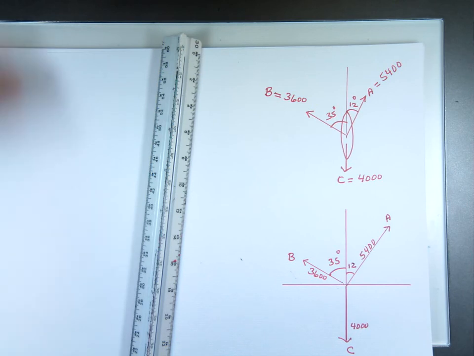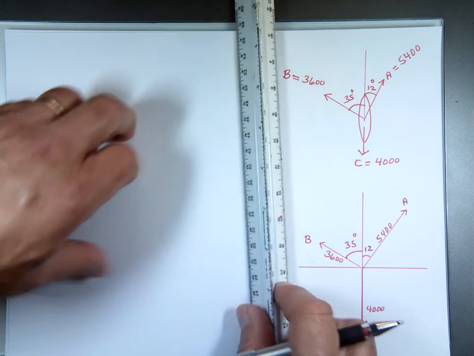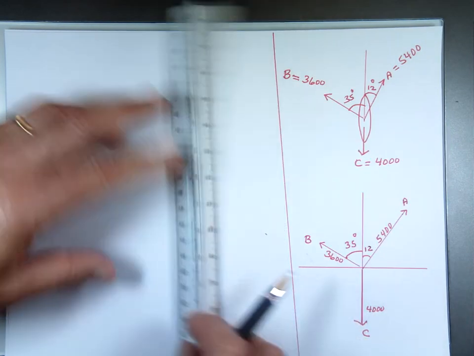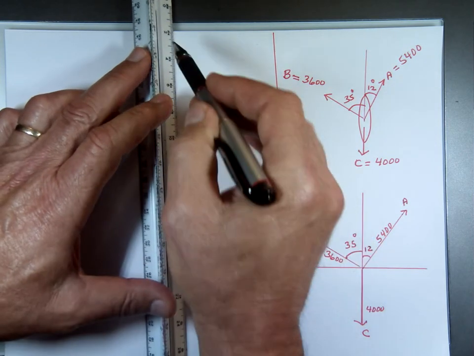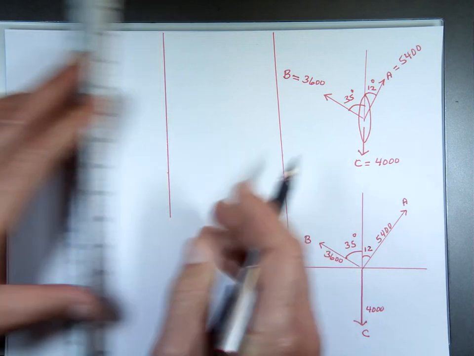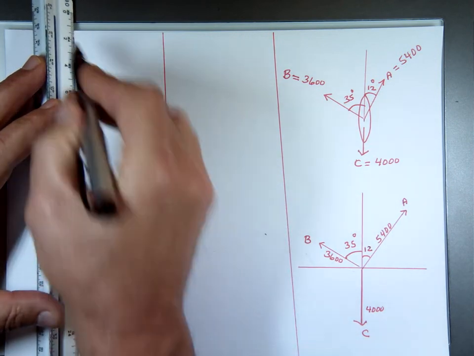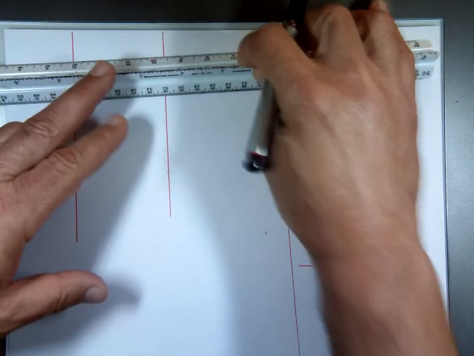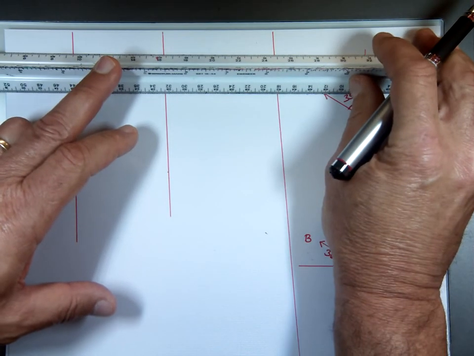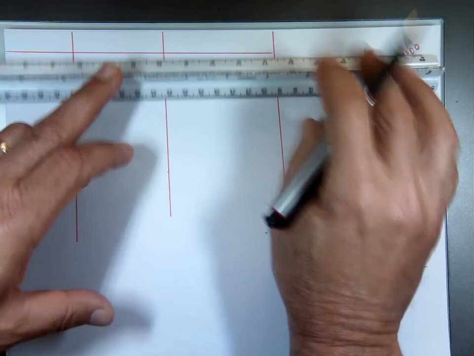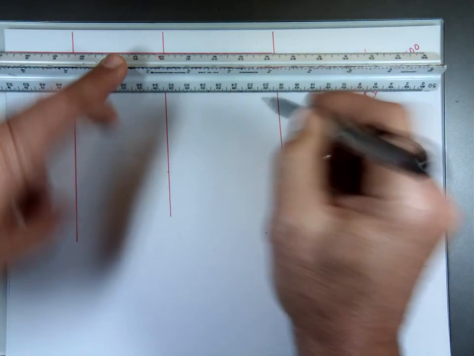So to do the problem, here we go. I'm going to just get rid of some of the stuff here. I'm going to break this paper into actually three columns. Leave some space on the bottom. Three columns. The first column, I'll put the second column for the second one.